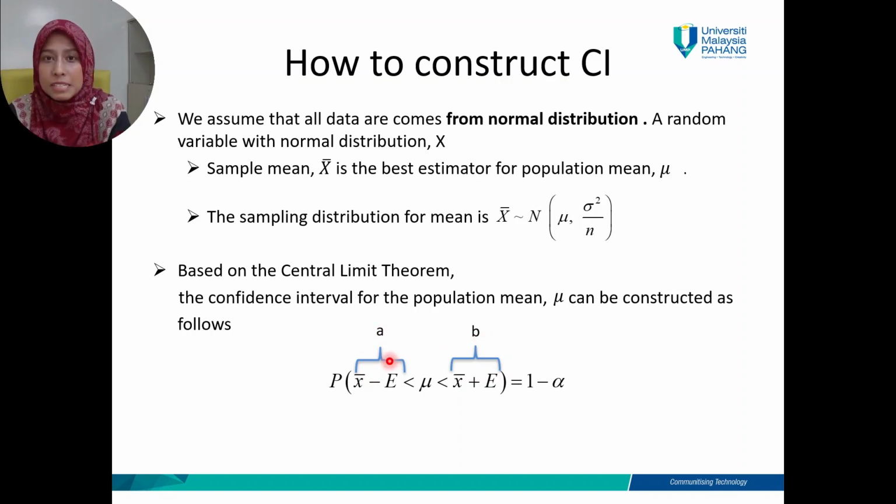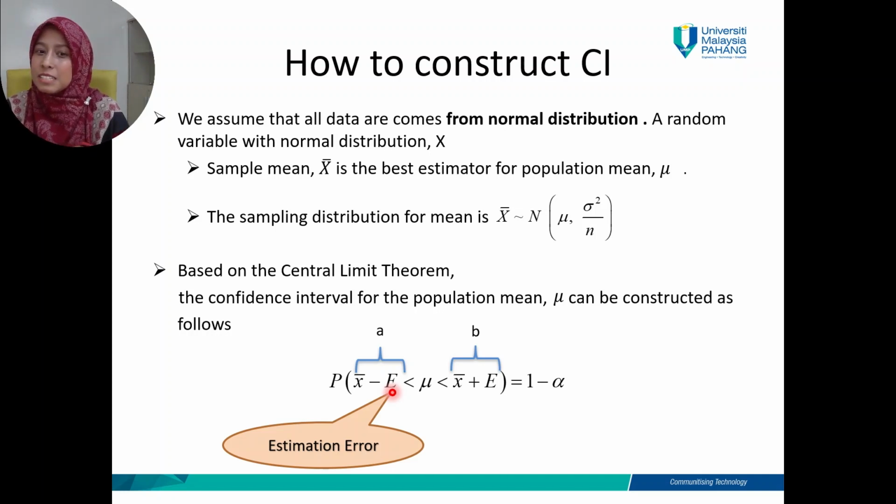We are now focusing on the confidence interval for population mean. The lower boundary is given by the sample mean minus the estimation error, and the upper boundary is given by the sample mean plus the estimation error. Generally, this is the formula that you can use to estimate population mean.